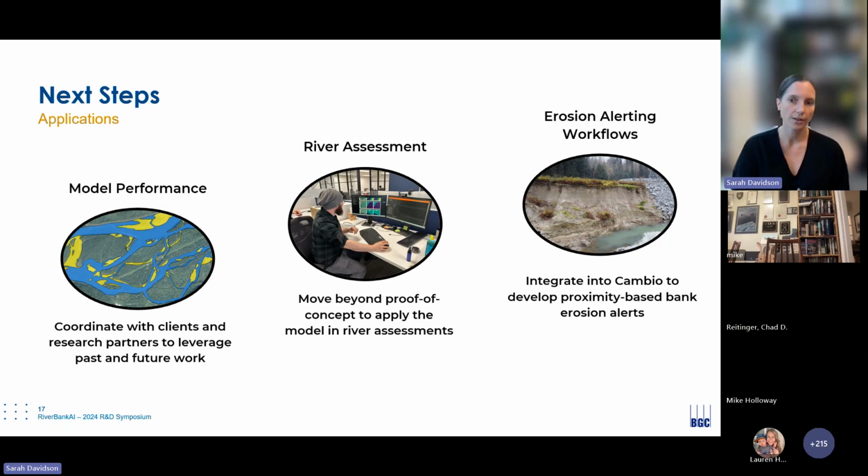We have flood alerts that we get when a flood has occurred. We have flood forecasting alerts in some cases, or are moving towards that. But it would be really great after an event has happened to be able to quickly identify whether there was erosion, whether the bank line locations have changed, without having to send anyone to site right away, or to help with prioritizing where people should go after an event.